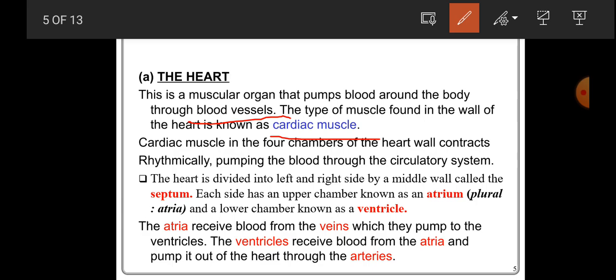The heart is divided into the right and left side by a middle wall called the septum.